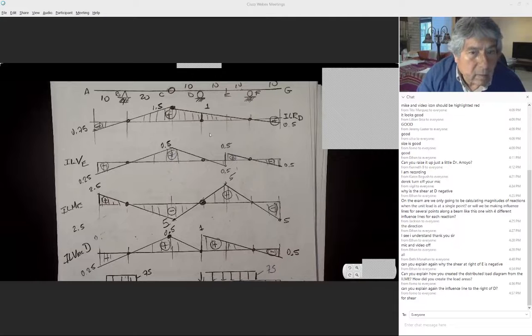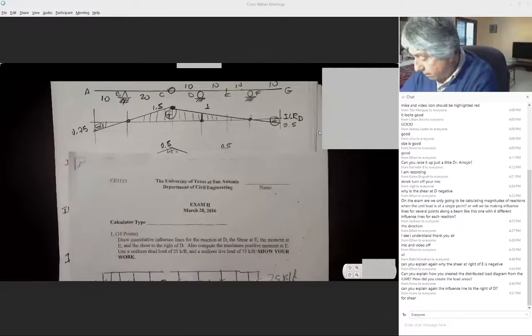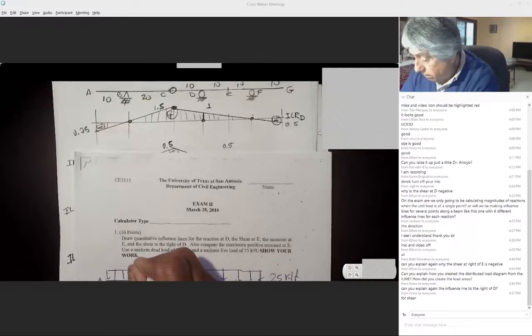In this situation, if I want the maximum positive reaction at D, I'm gonna load only the positive.